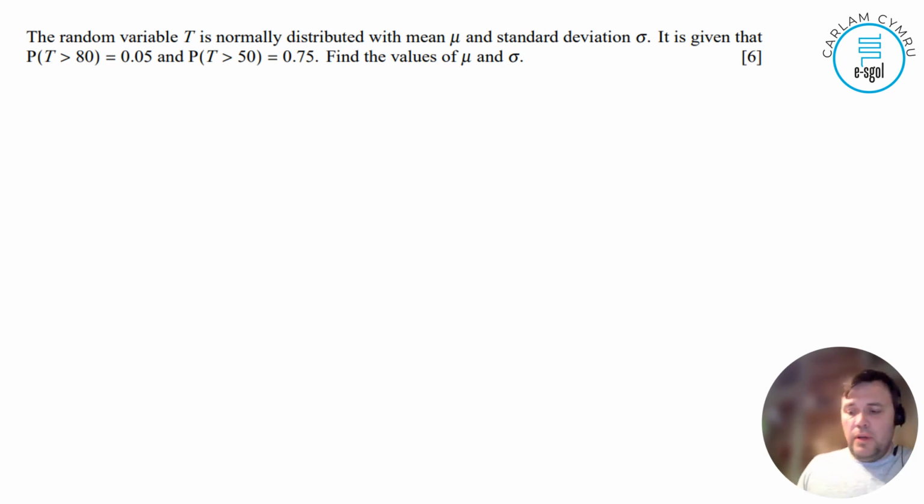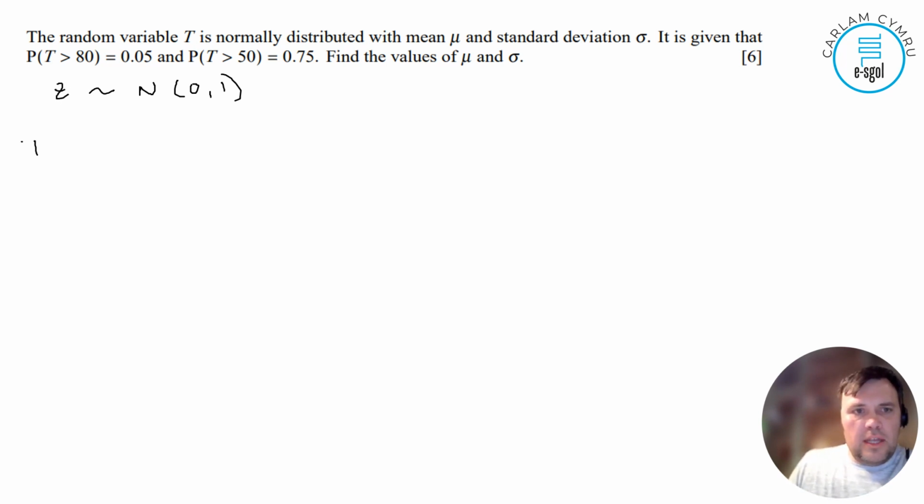Okay, so because we've been given very little information, we're going to say that Z belongs to a normal 0, 1 using the calculator, and then we're going to use the z values for this.